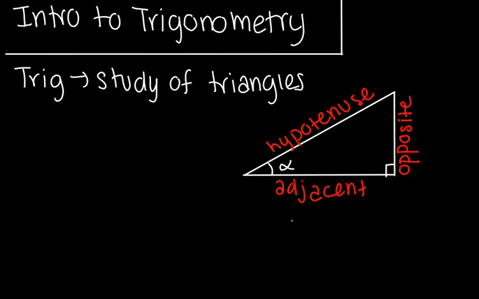And we have, in trigonometry, six main functions, which use these three sides to link them together in different formulas. We're going to mainly be talking about three main ones, and there are also another three, and we'll see how they're related to these three main ones. So let's talk about the first ones.